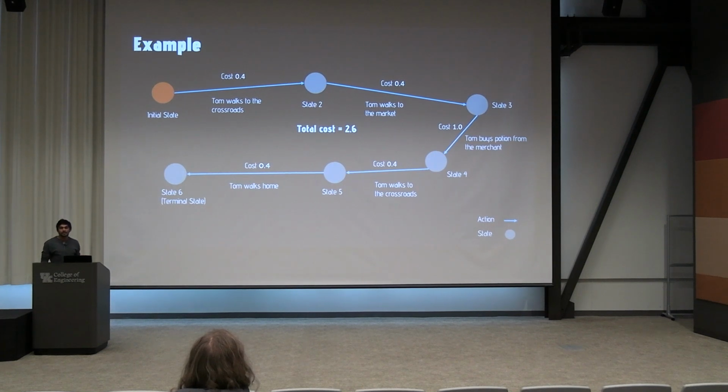Yeah, that's correct. But why, for example, here do you define the cost as 0.4, not 0.5? I wanted to know how you quantify the value of the cost of one action. We tested them from 0 to 1. Okay.